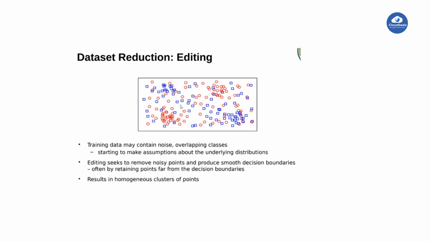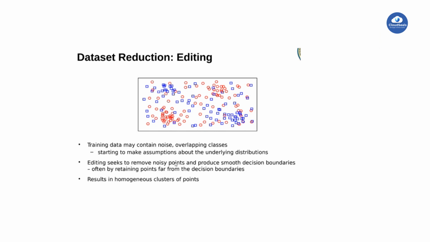That means, for example, these are all blue points, so we need to eliminate these 5 red points. Here also all are blue; there are some 7 or 8 red points we need to reduce. Here also all are red. If you eliminate these 6 or 7 points, it becomes a red cluster like that.